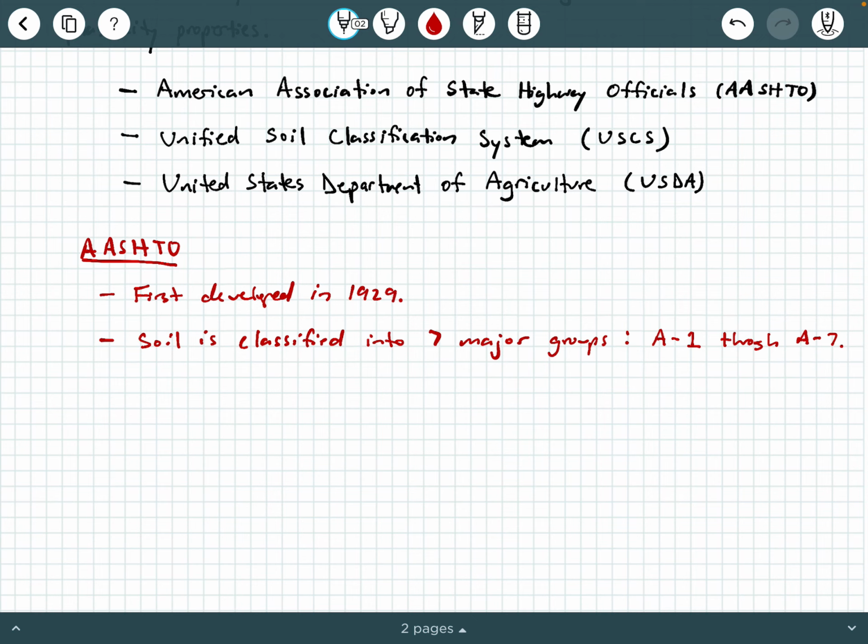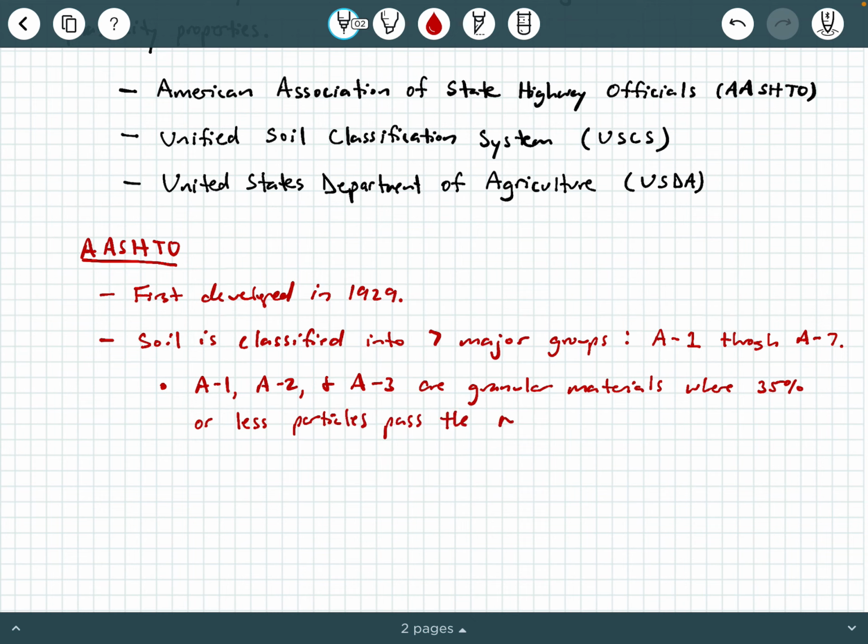Now, how do we further investigate each of these 7 major groups? Well, this is what we do, okay? Groups A-1, A-2, and A-3 are granular materials where 35% or less of the particles pass the number 200 sieve.